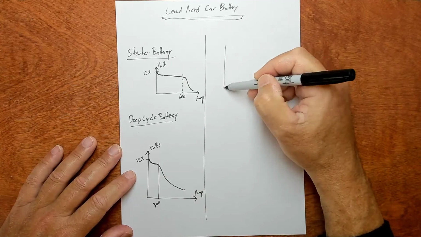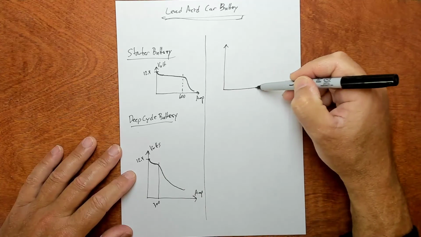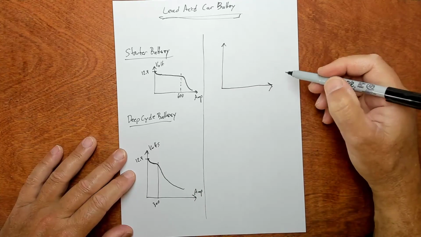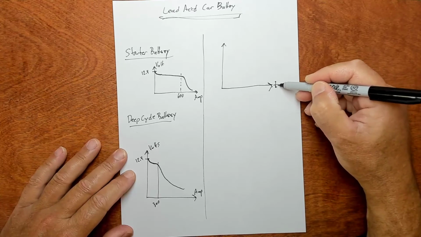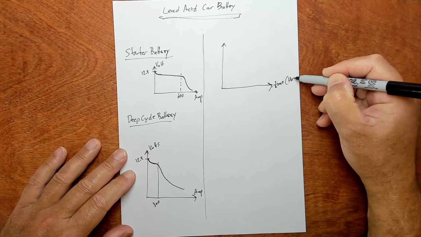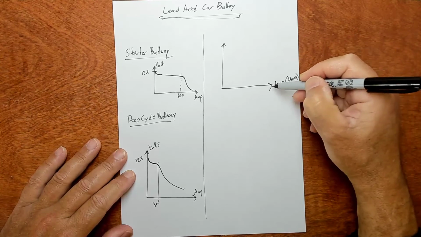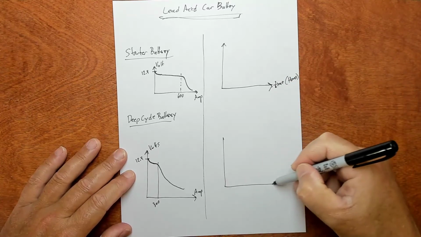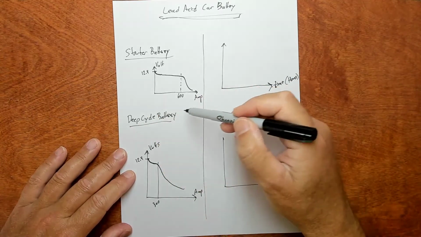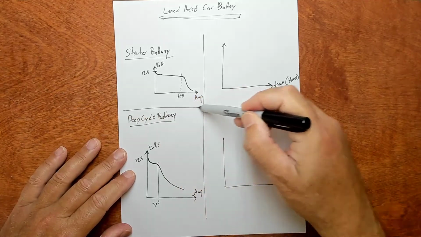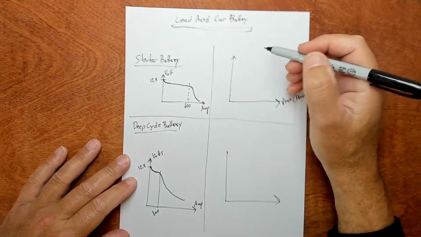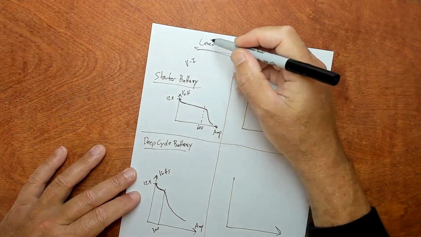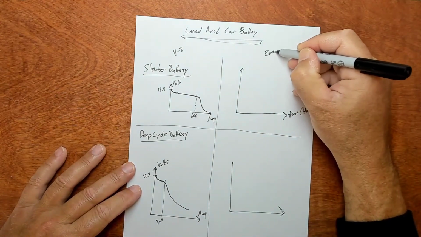You could represent that with the amps and hours. So let's put time over here, in hours, because they talk about amp hours for batteries, but it's really just time. Let's look at both of these two batteries, a deep cycle and a starter. Here I'm talking about VI in this column, and here I'm talking about energy in this column.